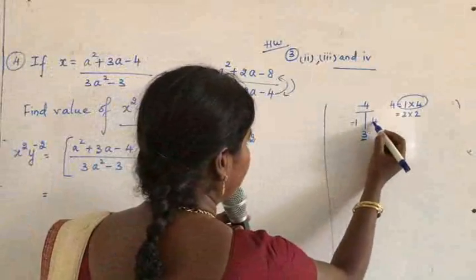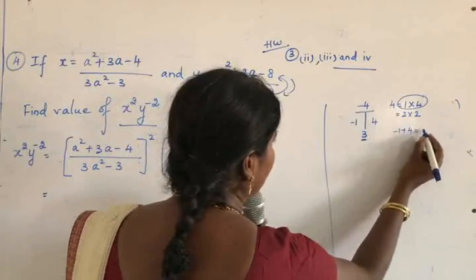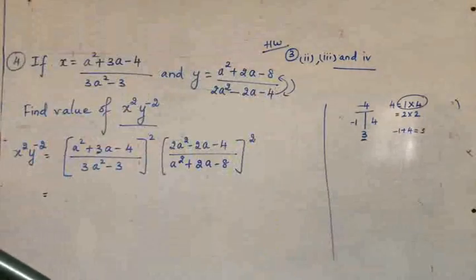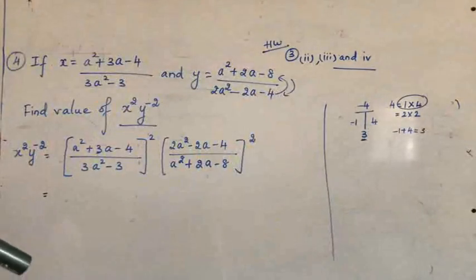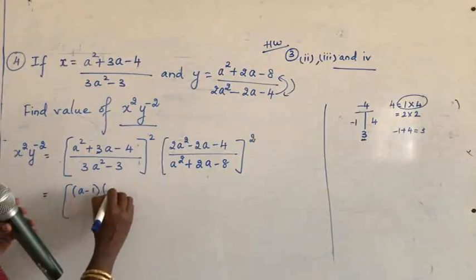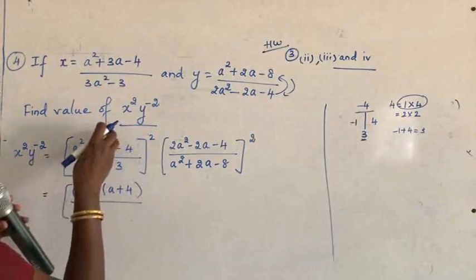Minus 1 into 4 gives you minus 4. Minus 1 plus 4 gives you plus 3. So what are the factors? Minus 1 and 4. What is the variable used over here? A. So what do you get? A minus 1, a plus 4. So I have filled the numerator part.